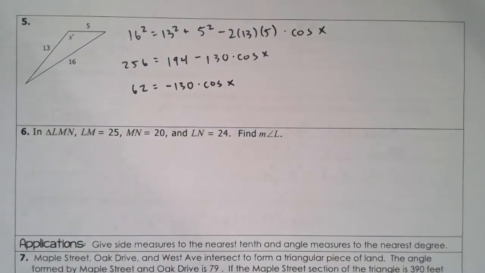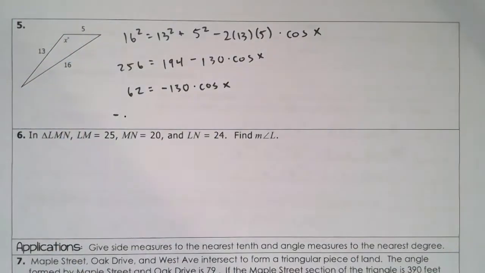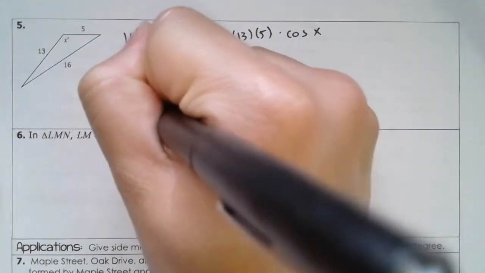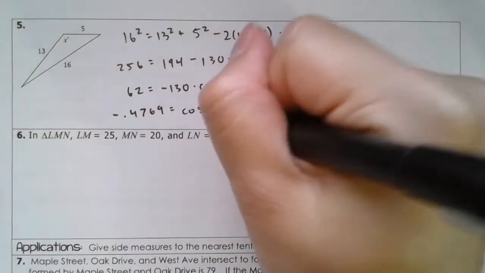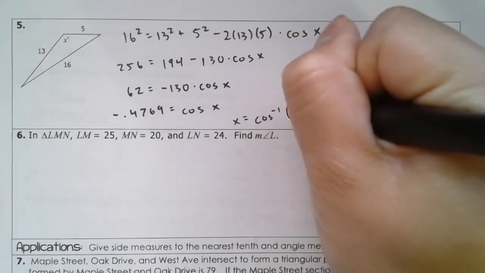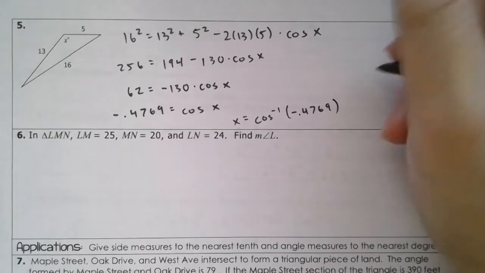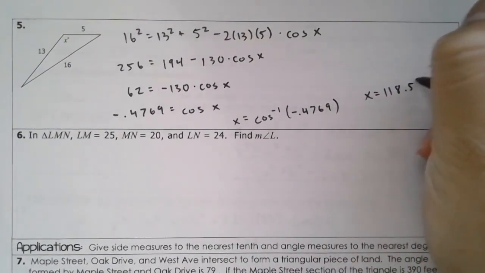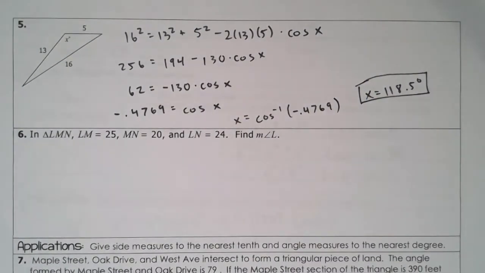Then I divide both sides and get a negative decimal, negative 0.4769, equal to cosine of x. So x is equal to the inverse cosine of negative 0.4769, and in your calculator you get x is equal to 118.5 degrees. So it's an obtuse angle.